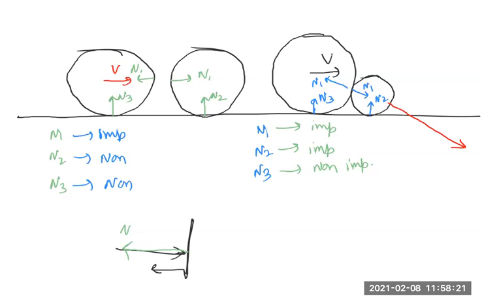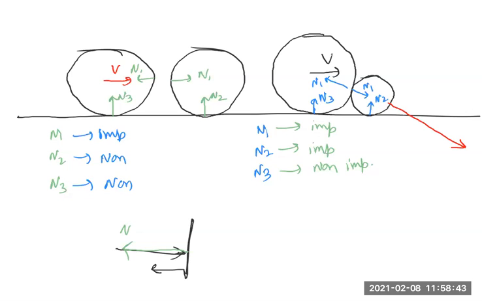So this small sphere is stationary. I'm telling you it is stationary, and when it encounters this impulsive force N1, it must acquire a velocity in the direction of the red arrow, right? But of course it cannot because the floor is there underneath it, right?